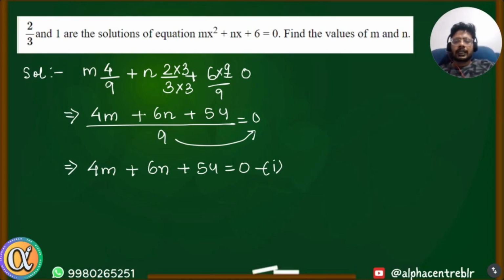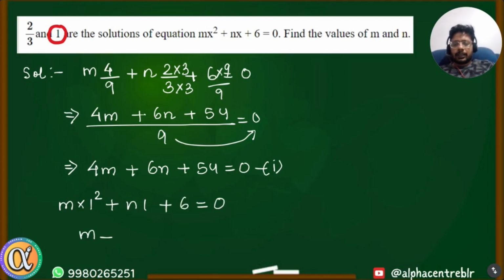Now we need to form the second equation. So we do the same thing we did with the first value, but this time I'm going to substitute x value as 1. Okay, therefore m into 1 square plus n into 1 plus 6 is equals to 0.